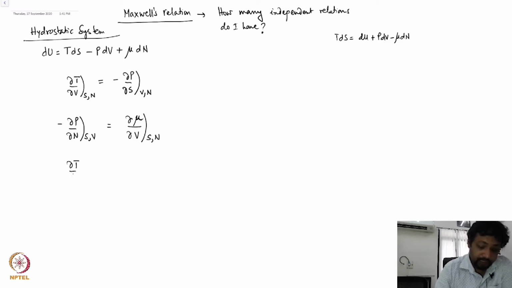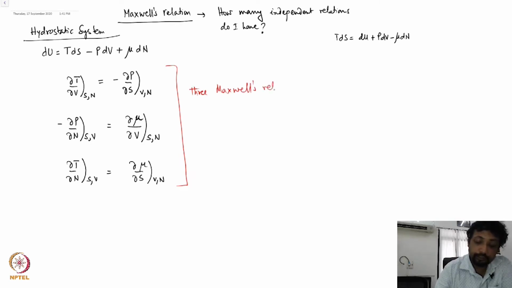Finally, we had del T, del N, S and V held constant is equal to del mu, del S, V and n held constant. So these are the three Maxwell's relations that we get from the internal energy.